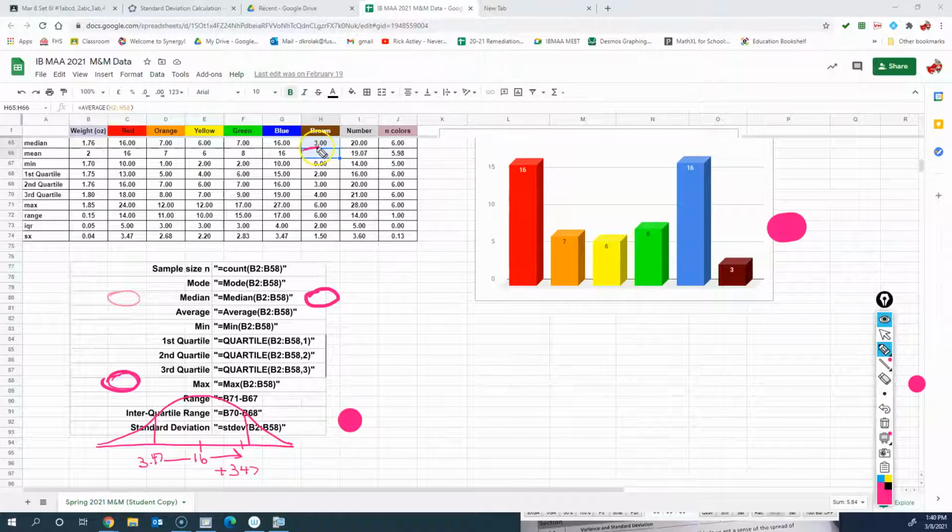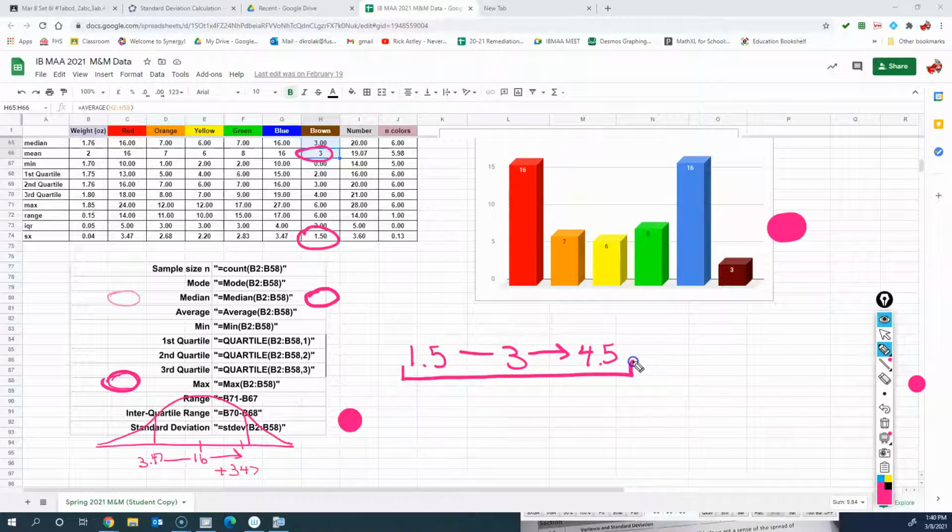On average it was 3, and it had a standard deviation of 1.5. If I add 1.5 and subtract 1.5, what this tells me is about 66% of all packages have between those numbers of brown M&Ms. All you're doing is adding this deviation and subtracting it.